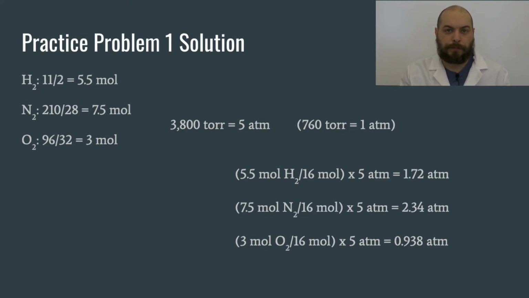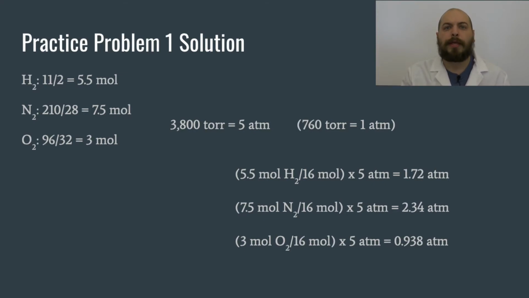For nitrogen, we have 210 grams of nitrogen, which weighs 28 grams per mole, remember N2, and therefore we have a total number of moles of nitrogen as 7.5 moles. All right, so we've got 5.5 moles of hydrogen, we've got 7.5 moles of nitrogen, and for oxygen, we take our value of 96 and divide it by the molar mass of oxygen, which is 32 grams per mole.